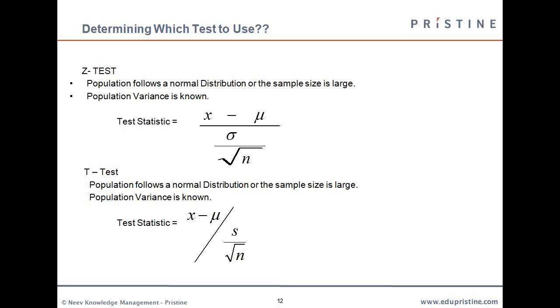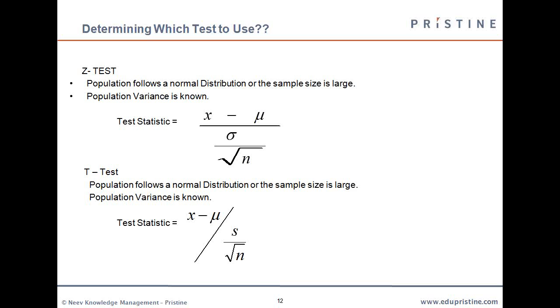The test statistic is given by the following formula: x̄ minus mu divided by sigma upon root n, where x̄ is the value which is to be tested.